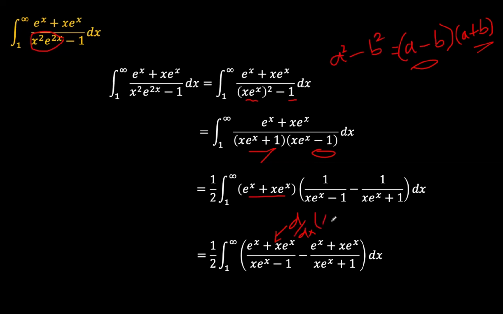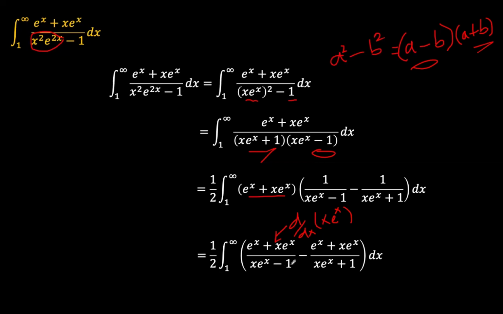Now, when I look at these here, this is the same as the derivative of x times e to the power x, right? That's the same thing, because when you use the derivative of a product, you differentiate x and multiply by e to the x, so you have 1 here, and then x times the derivative of e to the power x, which is e to the power x, so this is what we have. But as we look at the denominator, we see that there's a difference here.